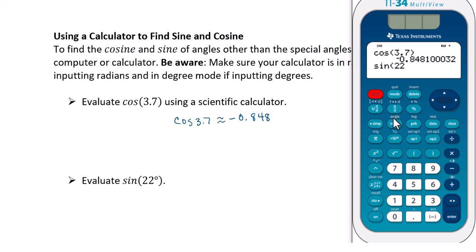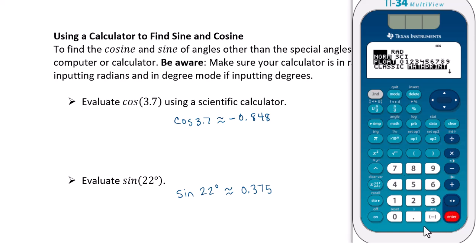So what you can do is go into your angle menu and input degrees. That way your calculator knows for sure that this is a degree measure, and this is telling us that the sine of 22 degrees is approximately 0.375.